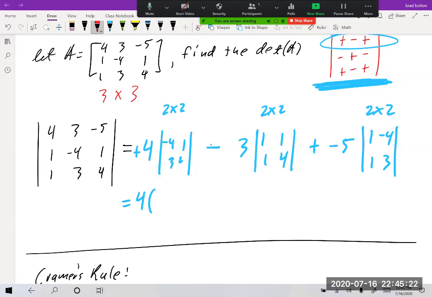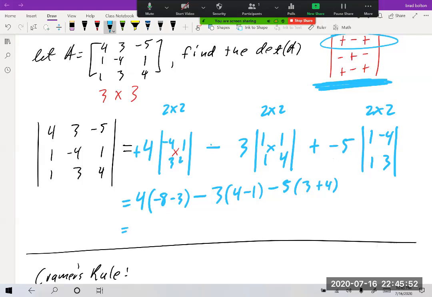Then I'm going to do my little cross multiplying, this times this. That would be 4 times -8 minus 3 times 4. Then minus, because a plus minus becomes minus, -5 times the determinant of this, which would be 3 minus a -4, so 3 plus 4.